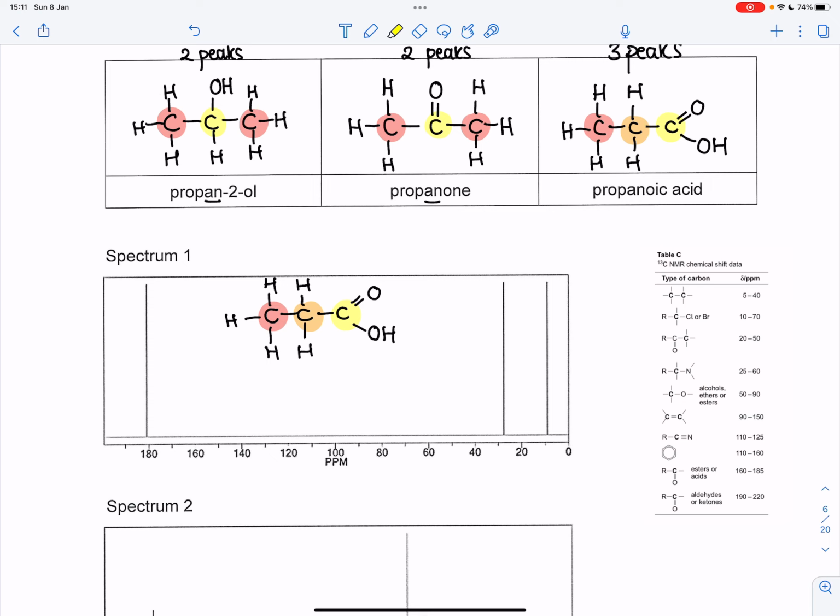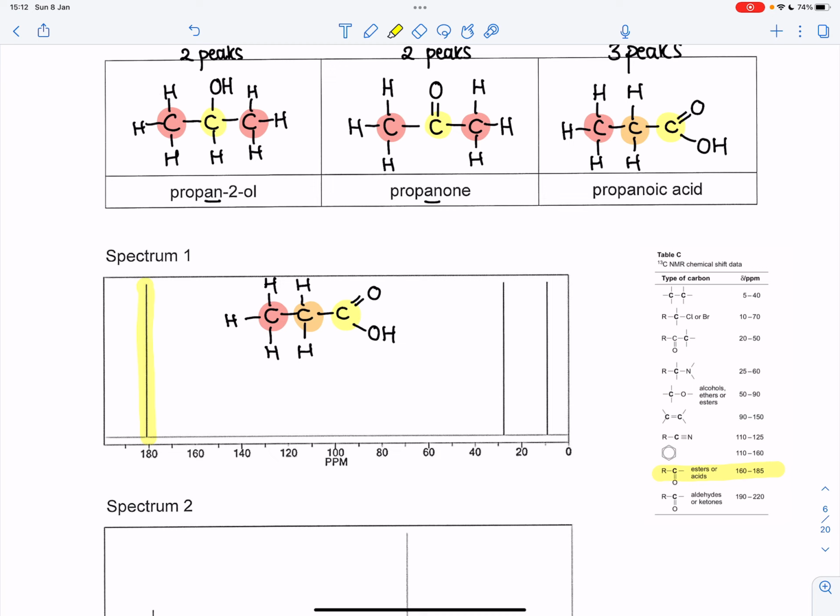Now if we look down at our list, it says that for carboxylic acids or esters we should be getting a peak between 160 and 185, and what we can see quite clearly here is that we've got a peak at 180, and that's our carboxylic acid peak. All 3 peaks here look very similar in size, probably representing the same number of carbons, which would be true given that we've got 3 different carbon types.